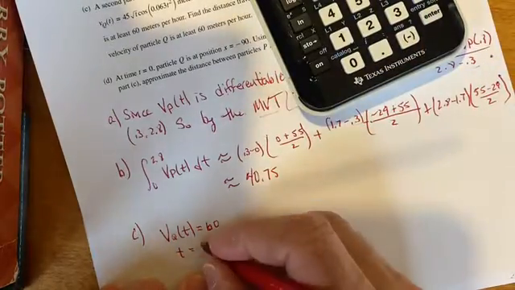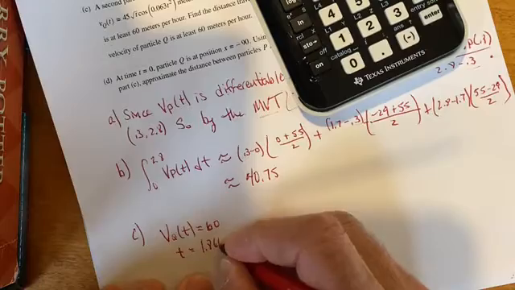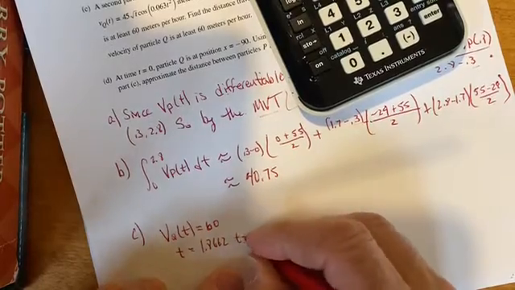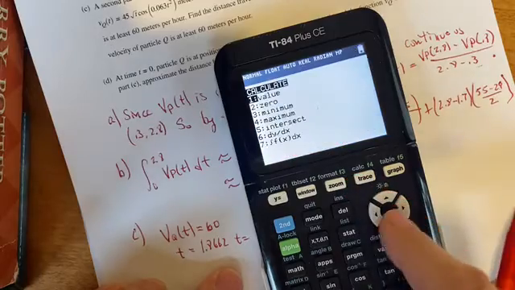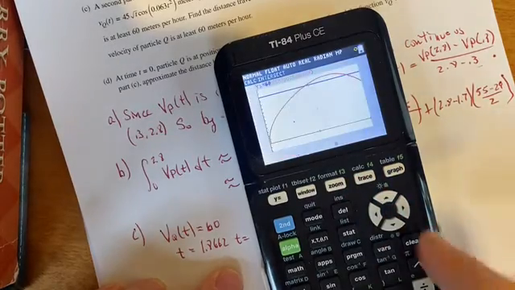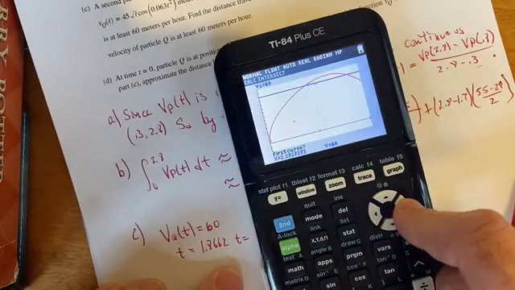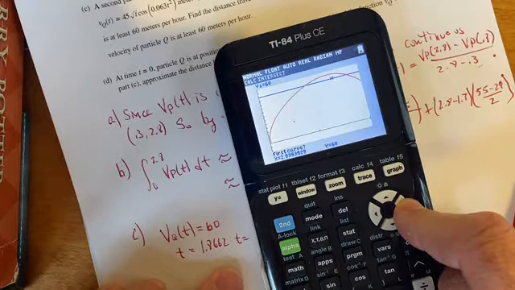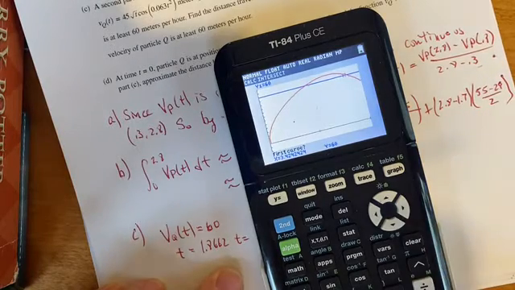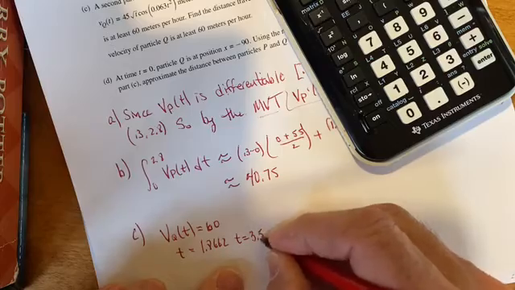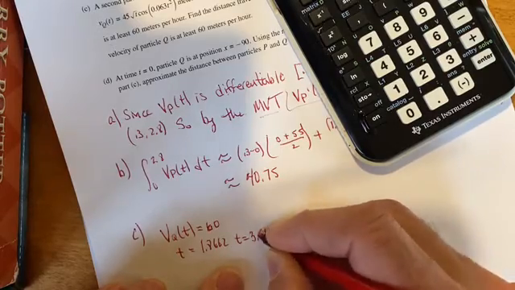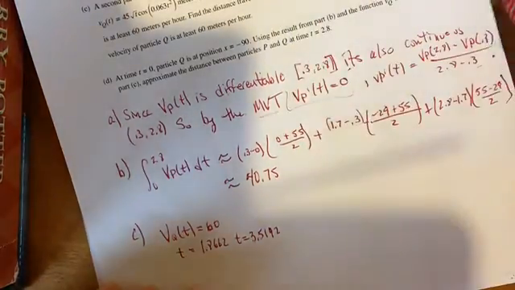Time equals 1.8662 and time equals 3.5192. Okay, so those are the 2 times.